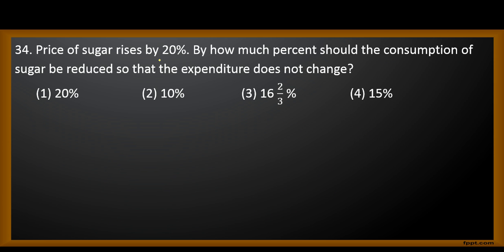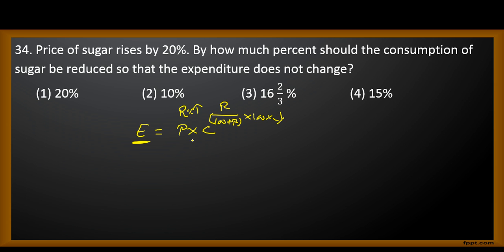Price of sugar rises by 20%. By how much percent should the consumption of sugar be reduced so that the expenditure does not change? See here, expenditure equals price into consumption. To keep this constant, if one variable is increased by r percent, the other variable must be reduced by r by (100 plus r) into 100%.